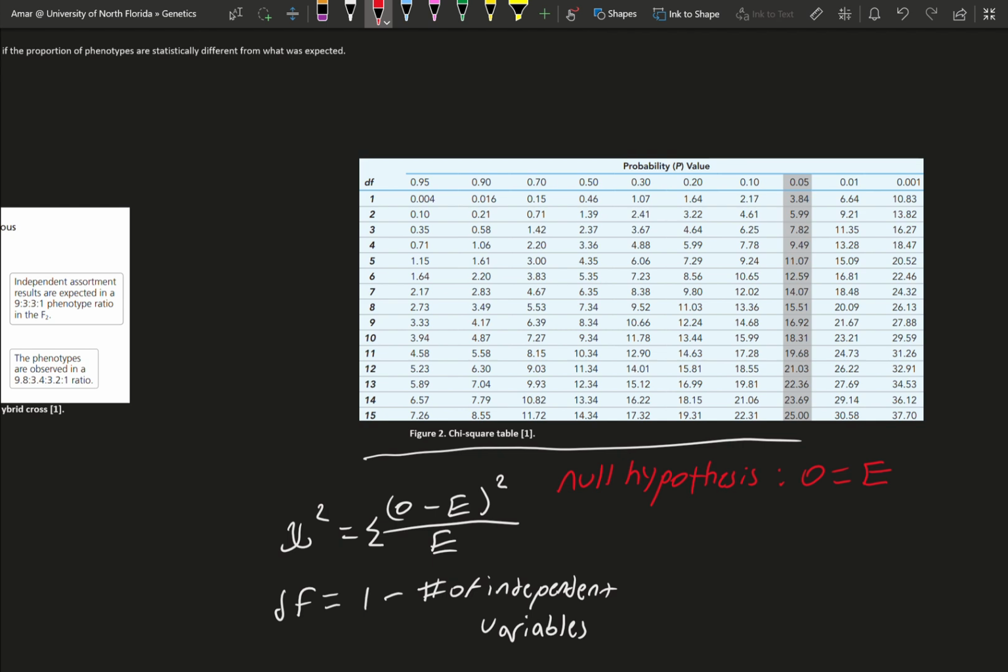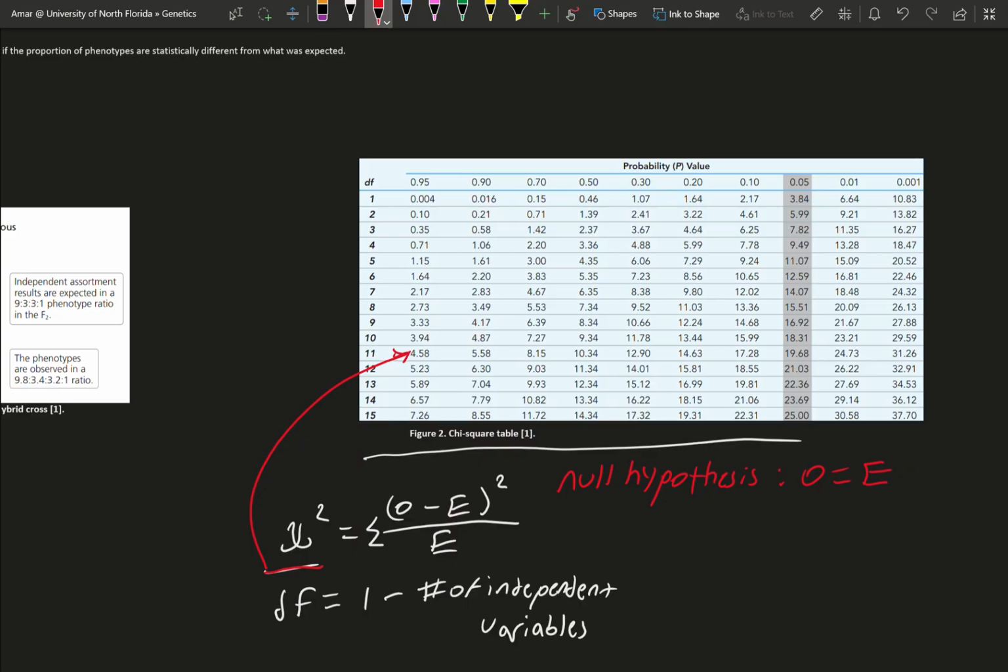What you're going to be doing is using these equations over here, where you have this crazy x symbol to the second power, and that's what we're looking for. Whatever we get from that, we're going to use in this table over here.